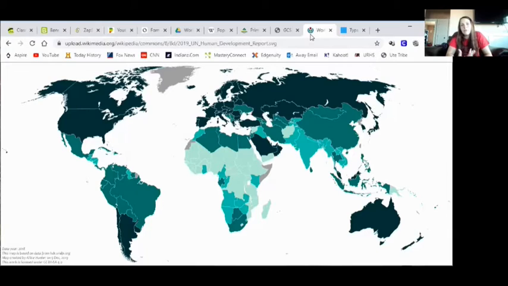So when we talk about development, we talk about the knowledge that they have. There's a few factors that are included in whether they are developed or not. So how knowledgeable the population is through education and reading, their life expectancy, so how long they're going to live, and their standard of living. So how many resources do they have?